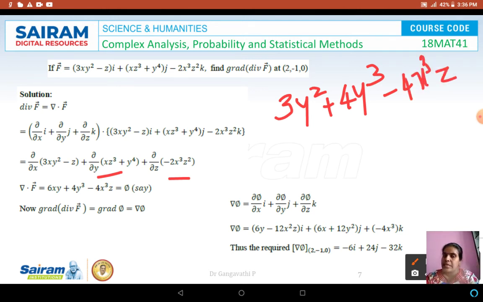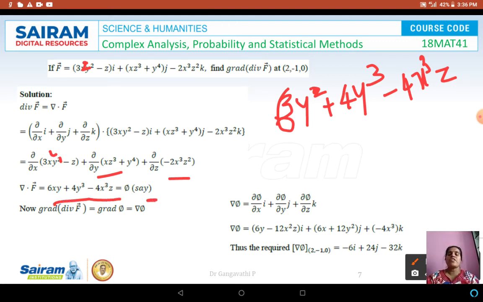I guess this is x² here, so if you make it x², then differentiation of the first term will become 6xy. So that is how we get 6xy plus 4y³ minus 4x²z.